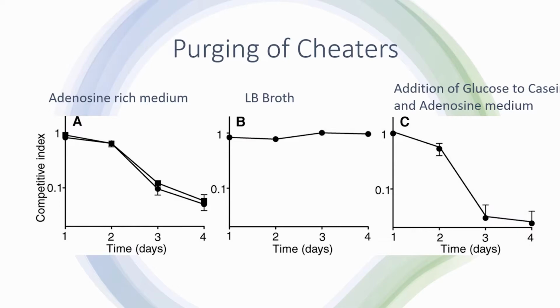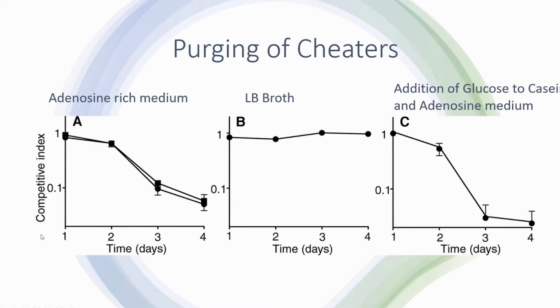So they started with an adenosine-rich medium, an LB broth, which is a super nutritious medium, which has a lot of energy sources, a lot of carbon sources. Essentially, the bacteria shouldn't have a problem with getting its carbon. And also the last case being that there was an addition of glucose to a casein and adenosine medium.